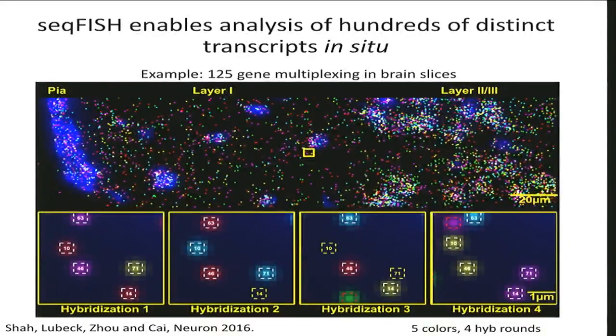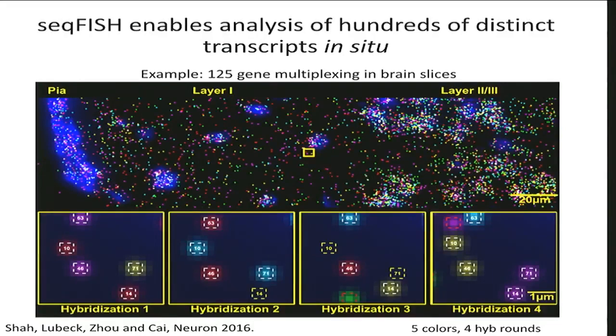And I think a great demonstration of this is a paper from Long's lab that just came out in Neuron. And this is imaging of the brain. And here you can see, I guess, each of these individual dots is one mRNA. And what you're seeing here is the sequential hybridization of this little box here. And this is in the hippocampus. And you can see that, for example, this molecule, the first round of hybridization was red, then blue.